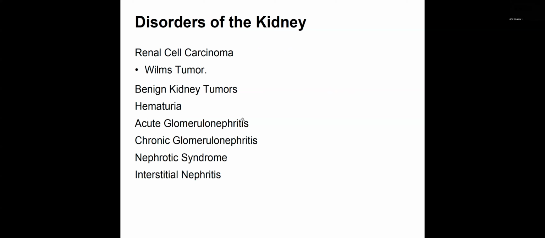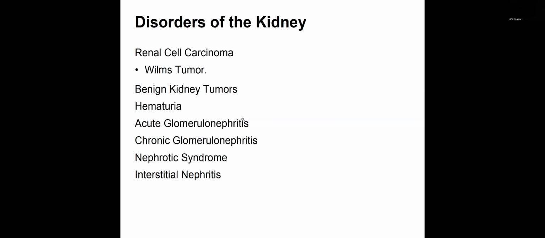Now let's look at disorders of the urinary system. So here you have renal cell carcinoma. This is a malignant kidney tumor, and the symptoms that characterize it are hematuria, or blood in the urine, as well as flank pain. You also have Wilms tumors.